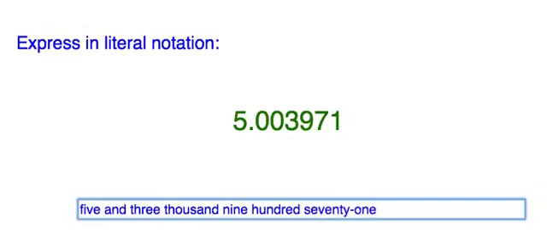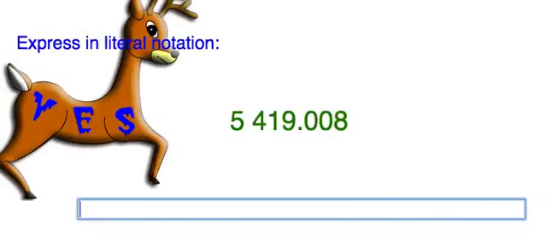The nice thing is if you spell it wrong, it underlines it and tells you. Then we read the last decimal place, which is millions, I believe. Let's see: tenths, hundredths, thousandths, ten-thousandths, hundred-thousandths, the 7 is in the hundred-thousandths, and the 1 is going to be in the millionths. And that's it.